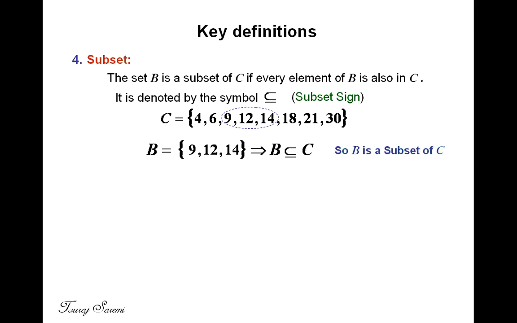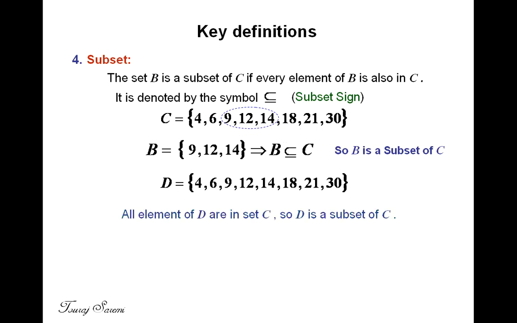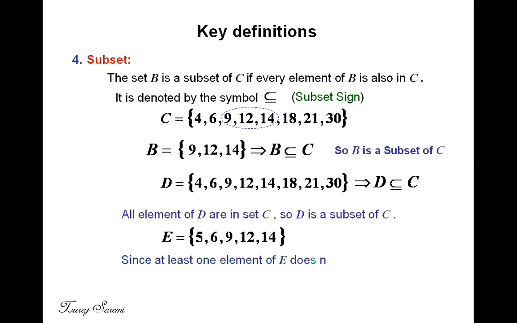So B is a subset of C. All elements of D are in set C, so D is a subset of C. Since at least one element of E does not belong to C, E is not a subset of C.